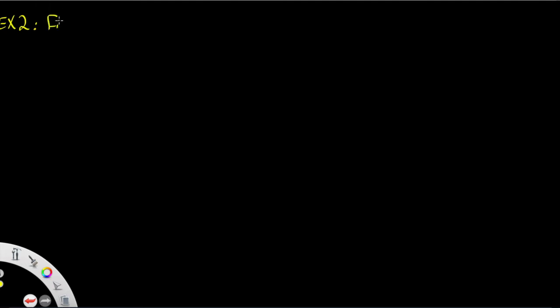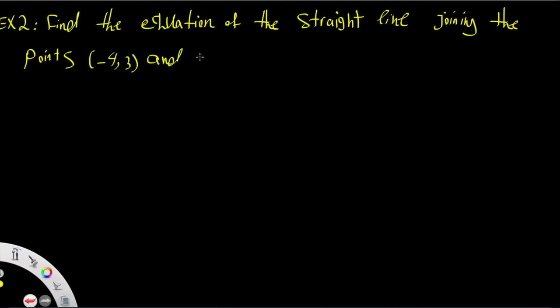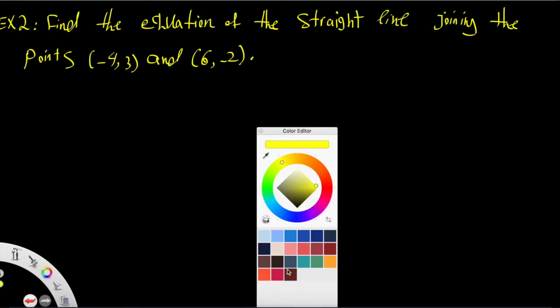Find the equation of the straight line joining the points (-4, 3) and (6, -2).